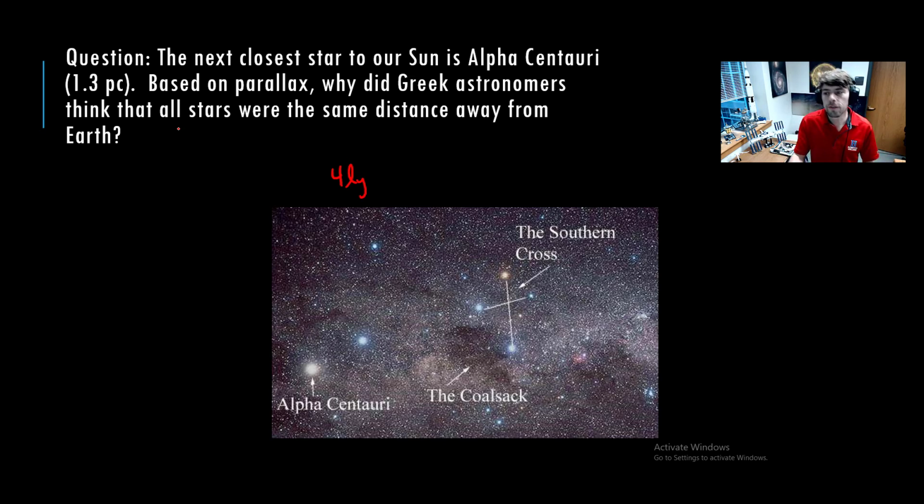So let's first of all find the parallax angle. The fortunate thing is I've already given you the distance in parsecs. If I had given it to you in light years, you would need to convert it over into parsecs first before plugging it into this equation. So that's the first thing. The distance has to be in parsecs in order for this equation to work properly.